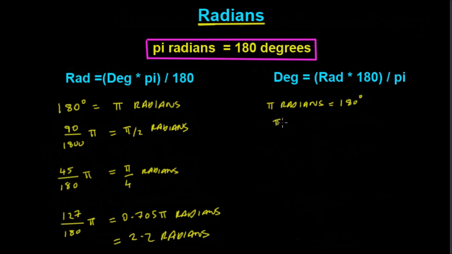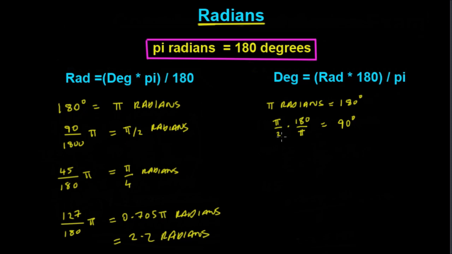In order to put that back into degrees, we've got to multiply by 180 and divide by pi. So the pi's cancel and you're left with 180 over 2, which is equal to 90 degrees.